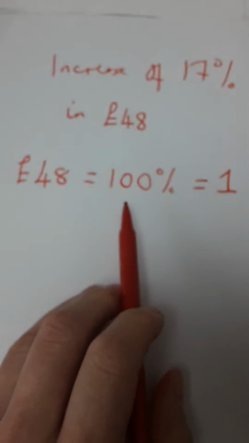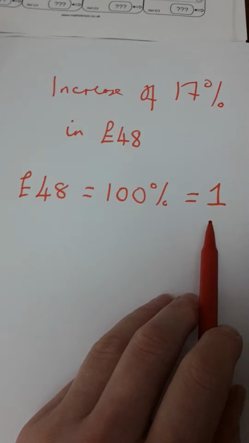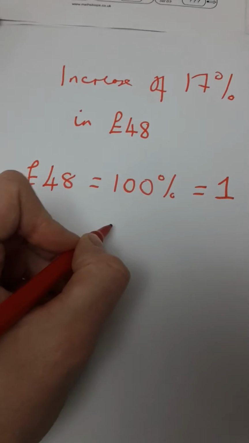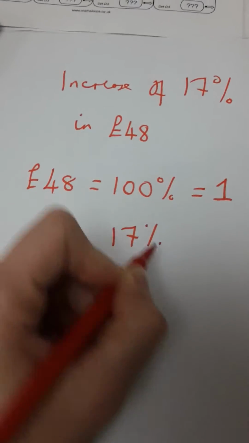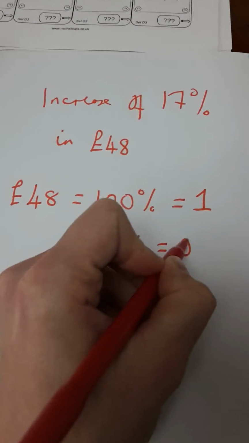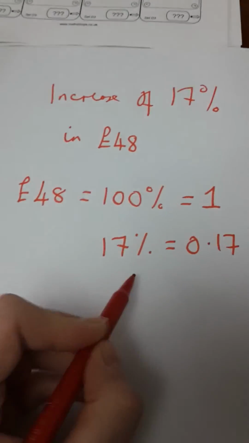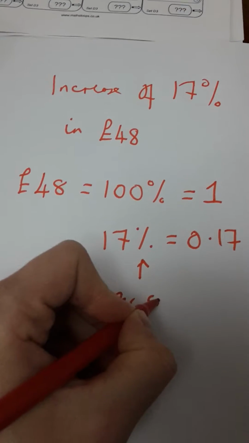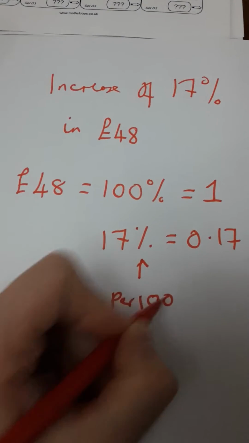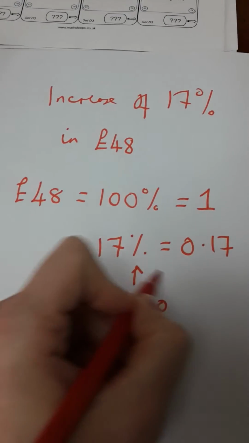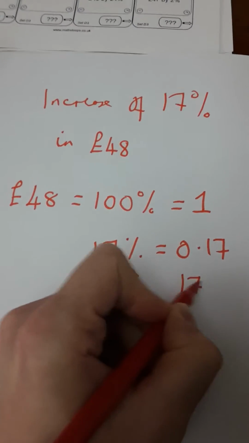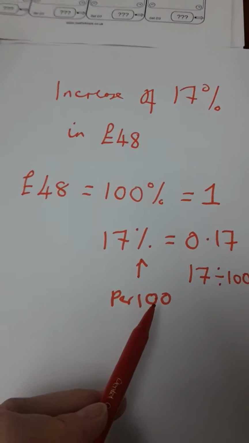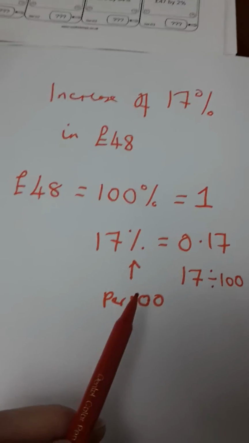If you have 100% of your body weight, you have one lot of you. If we have 17%, that's the same as 0.17, because percent means per 100. So this means 17 divided by 100, because per 100 means to break something into 100 pieces.